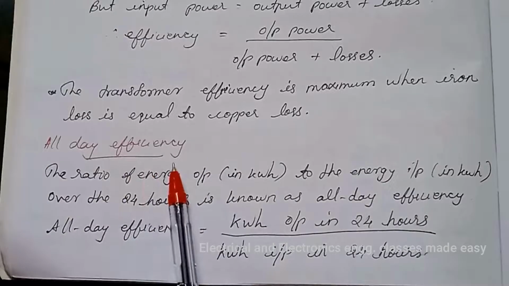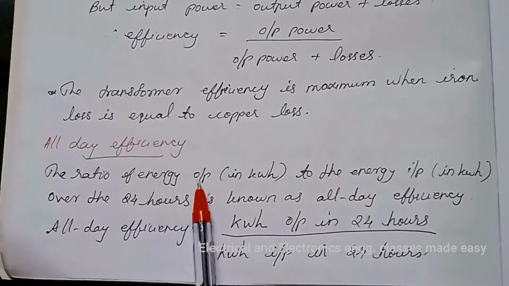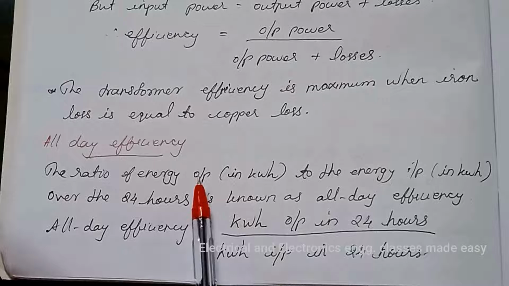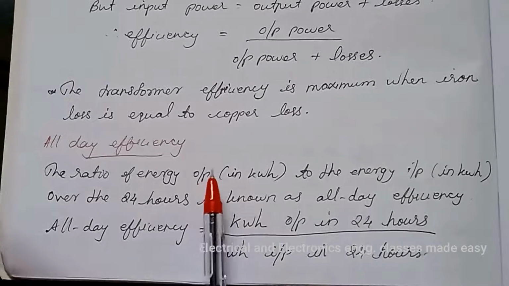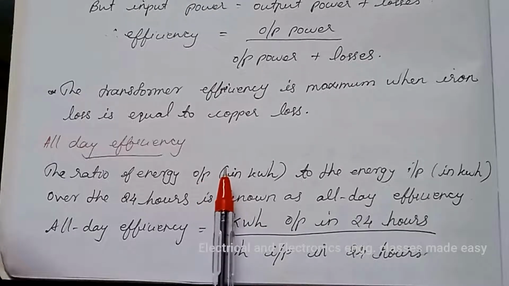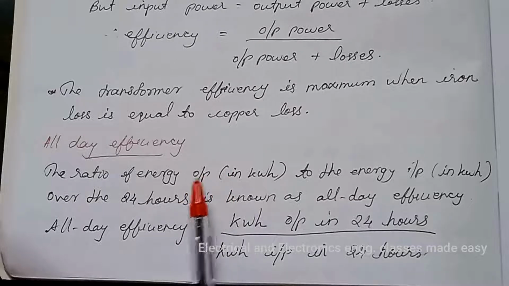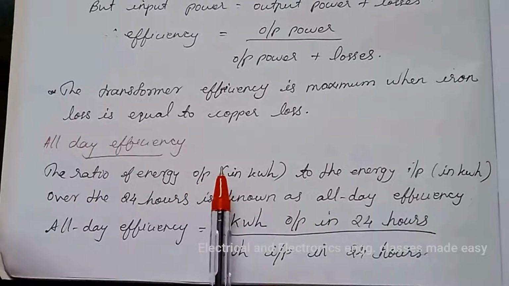All day efficiency. The performance of a transformer is judged by its efficiency as given by the ratio of output power to the input power. But this efficiency is not true for distribution transformers used for supplying electric energy for domestic and industrial use.